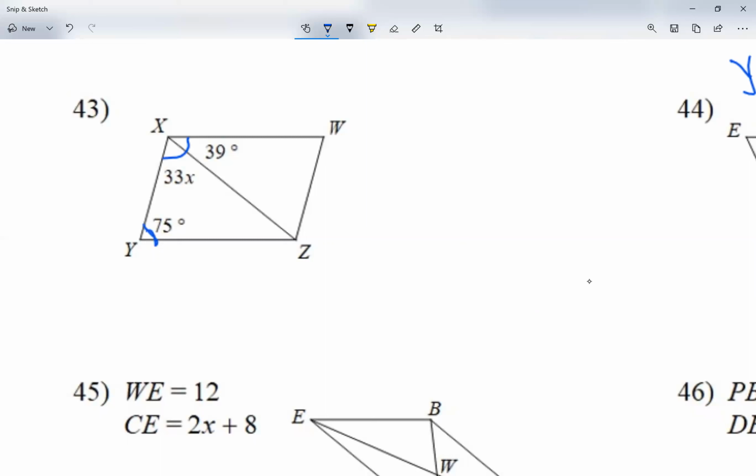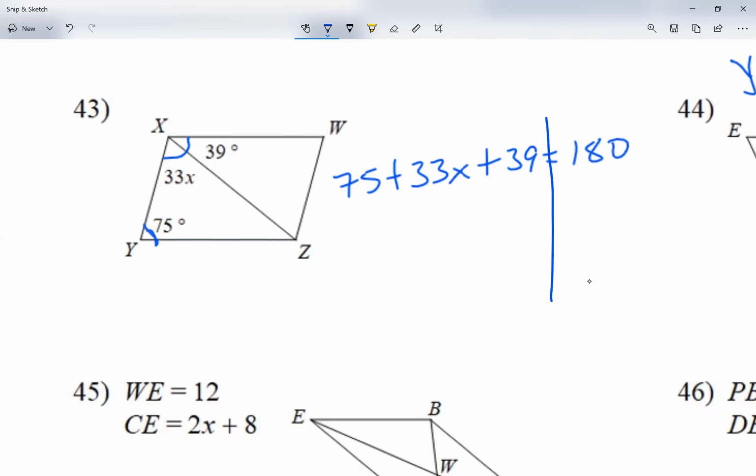So let's just go 75 plus 33x plus 39 is equal to 180. Okay, separate them to the equal sign. Letter-wise, I just see 33x. Number-wise, 75 plus 39, that's 114. And all this is equal to 180.